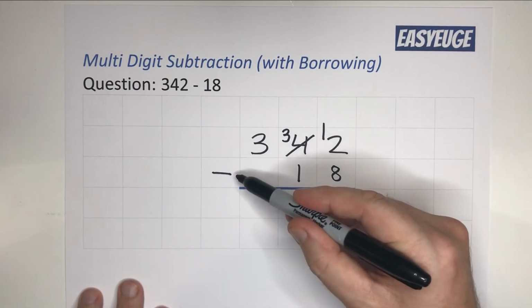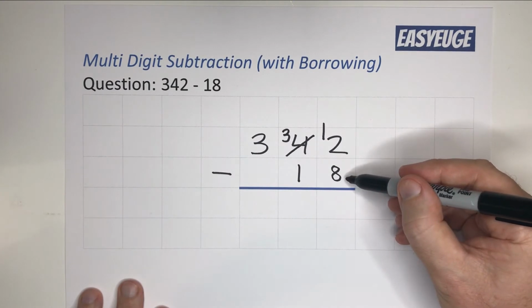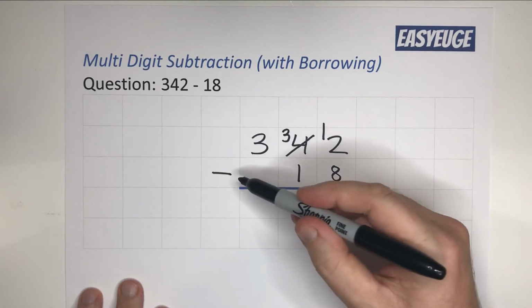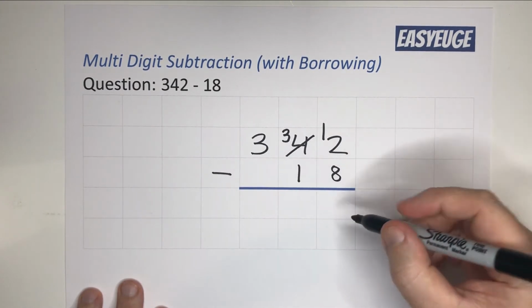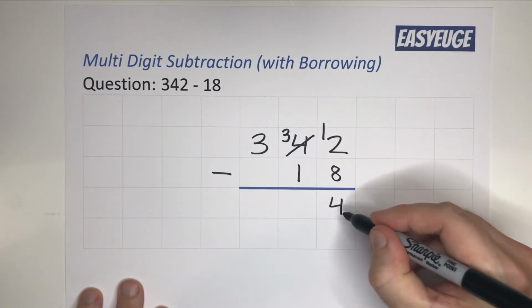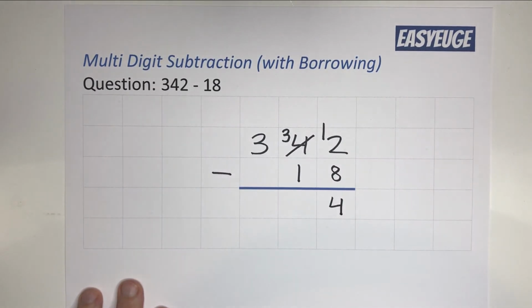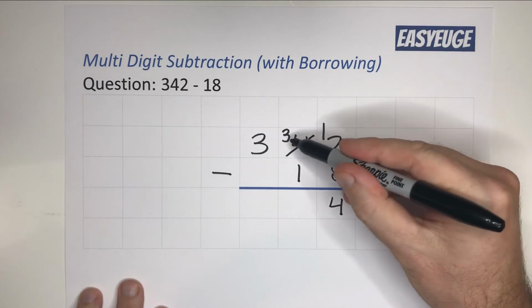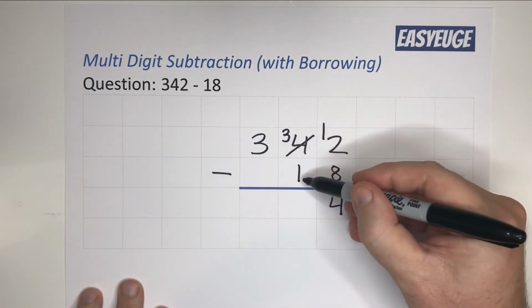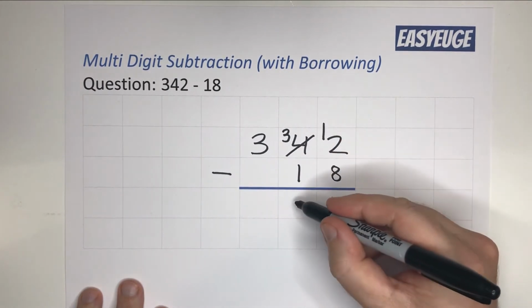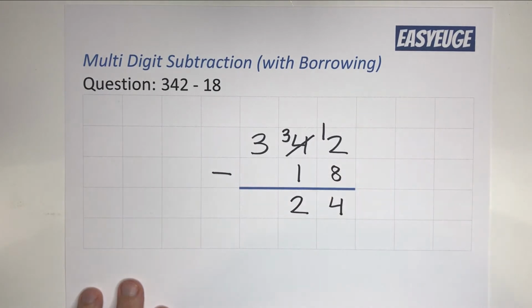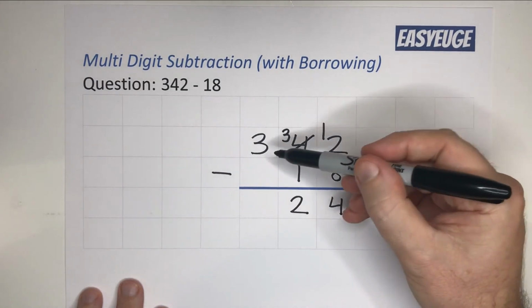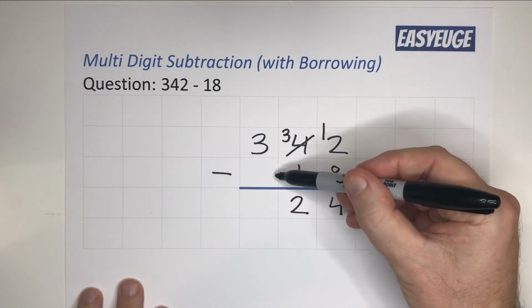Now let's carry on. 12 subtract 8. That's more like it. 12 subtract 8 is 4. There we go, that worked out well. Let's move to the next column. 3 subtract 1 is 2. Lovely. And then what do we do here? 3 take away a blank.